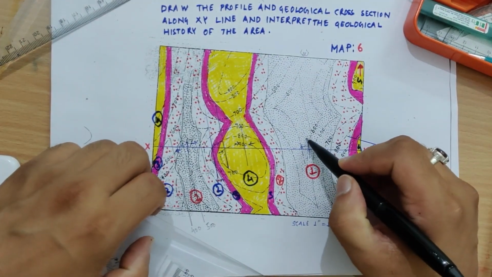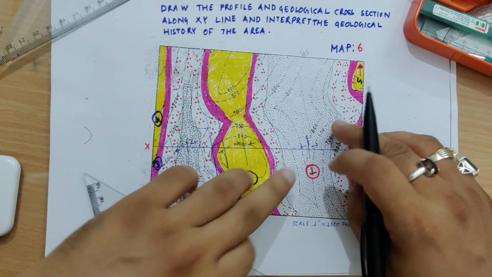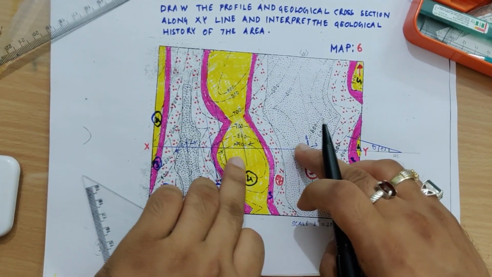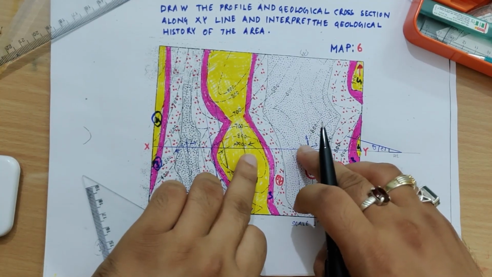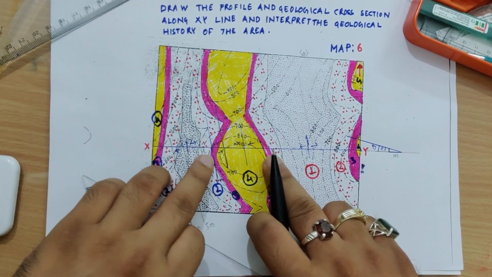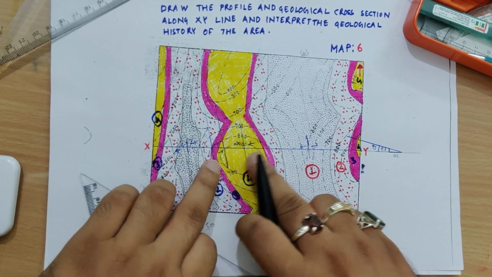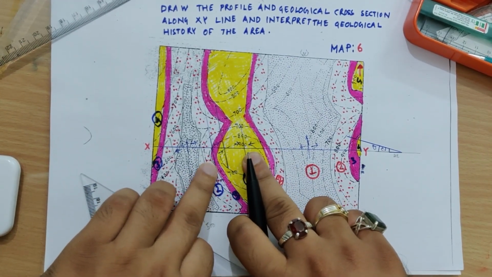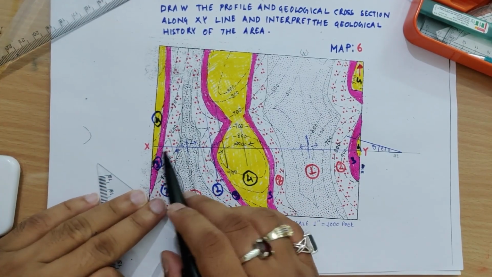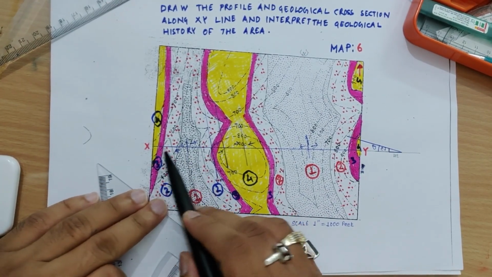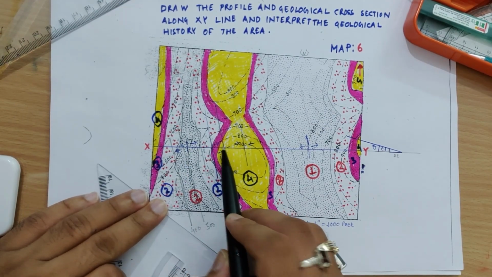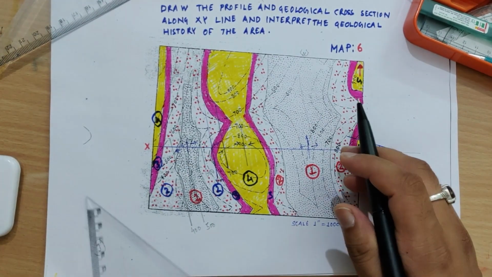The beds across the anticline, here the beds which are over here, will be dipping from X to Y, and these beds will be dipping from Y to X, and similarly these beds will be dipping from X to Y, and these beds will be dipping from Y to X. And here the beds in this direction must be dipping from Y to X, and in this direction up to this axis, they must be dipping from X to Y.